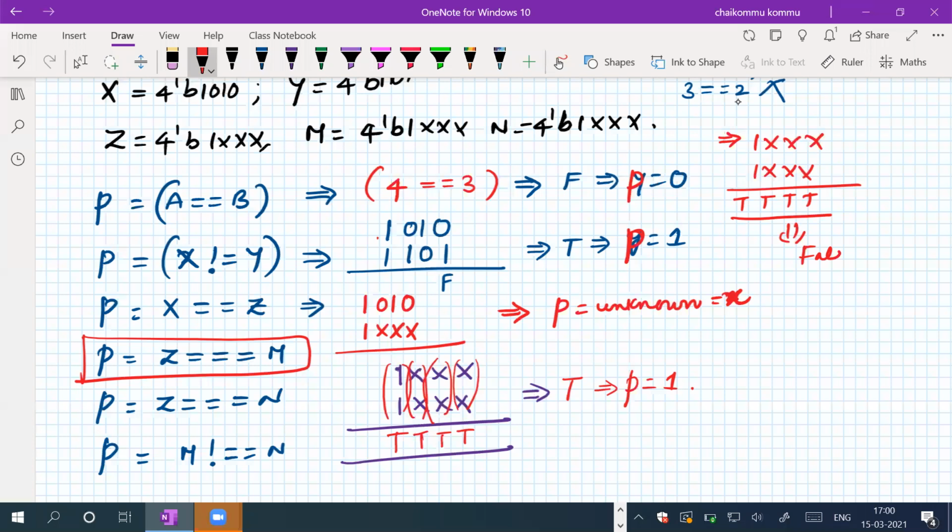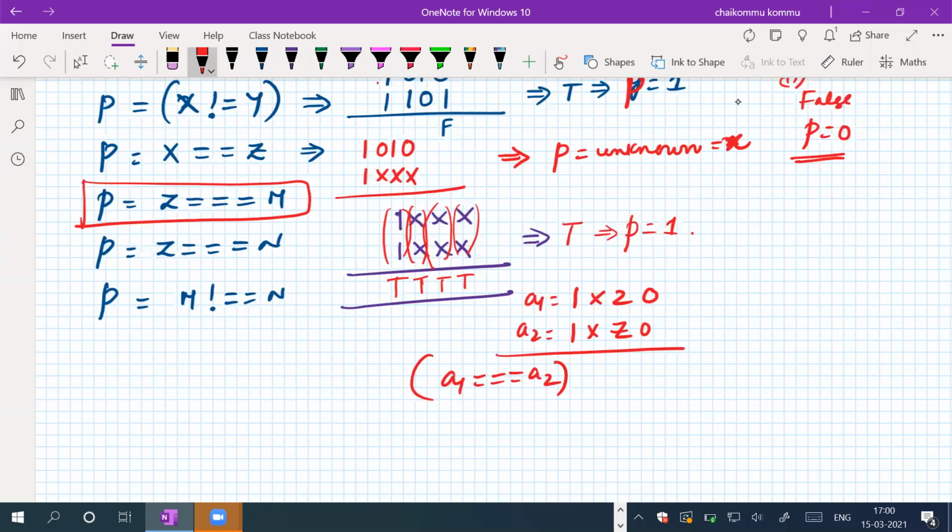Okay, so that's what we can see. For example, we'll take another example, 1xz0. Now this is also 1xz0, of A1, A2. If I'm asking that A1 is equal to A2, what is your answer then? See, Verilog is a 4-valued logic. Z is also a possible input. What will be the output for this one? As I mentioned, bit by bit comparison has to be done.